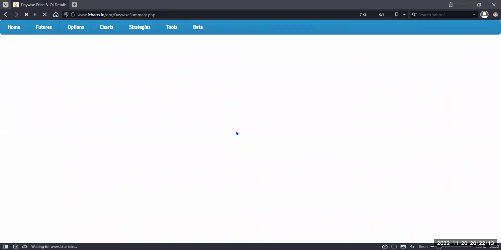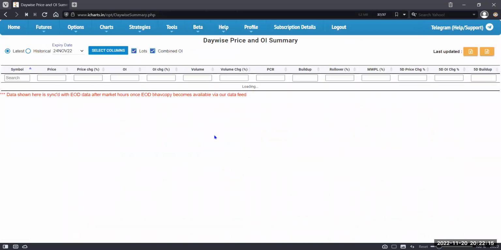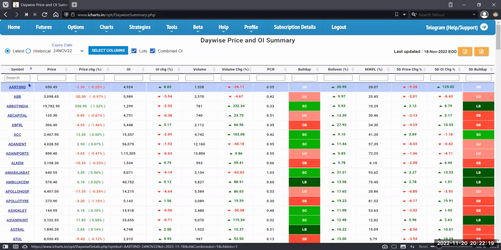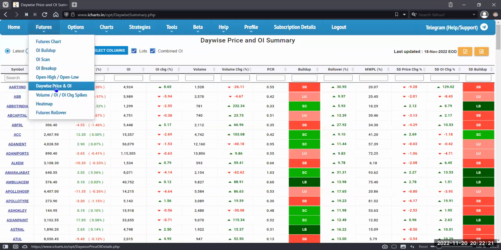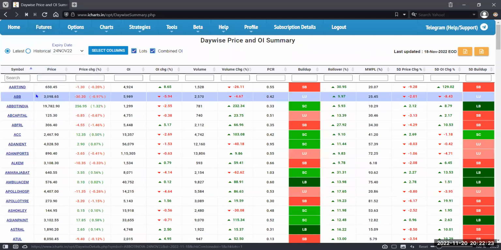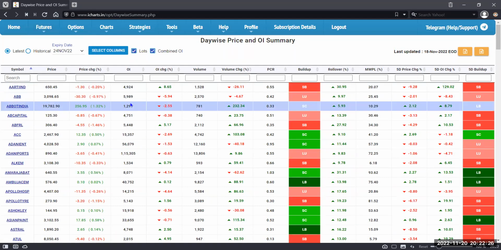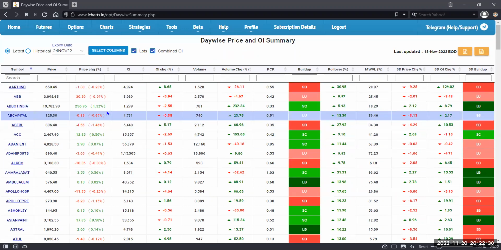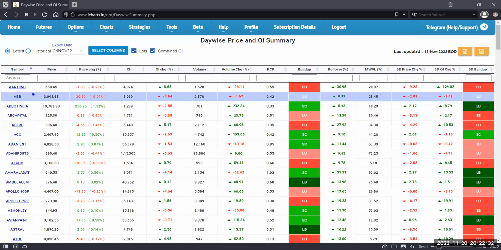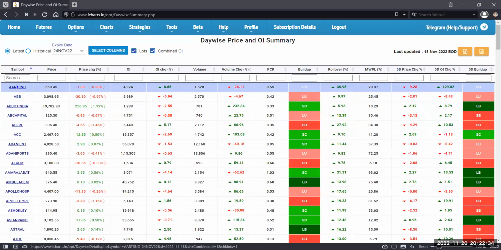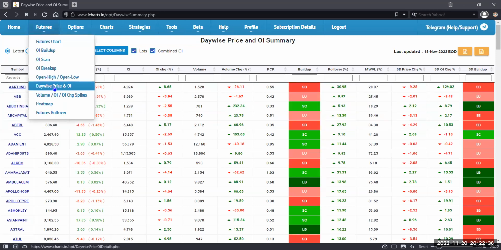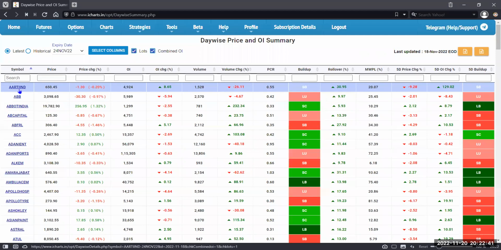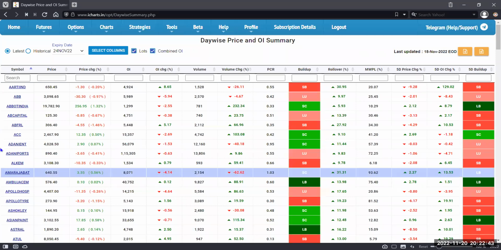So you can go here and quickly select stocks, because this gives the same information as this Daywise report, but for all the stocks for a particular day. This is basically the latest day. If you want to drill down, you can click on a stock and it will go to this particular report, where it gives you the whole series data for this stock.